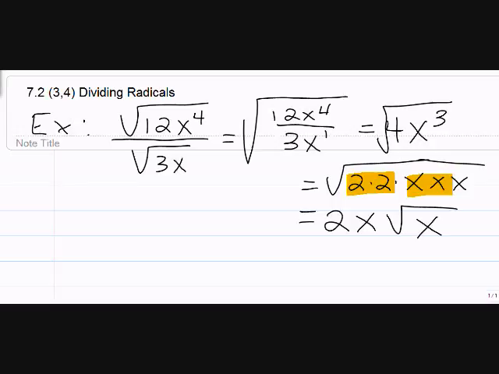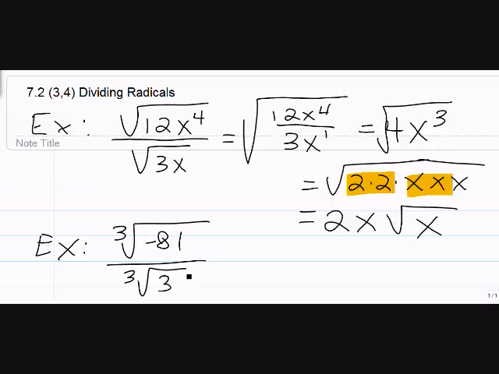Okay, so let's do a cubed root. We'll do a fairly simple cubed root. We'll do the cube root of negative 81 divided by the cube root of 3. So I'll do the same trick.